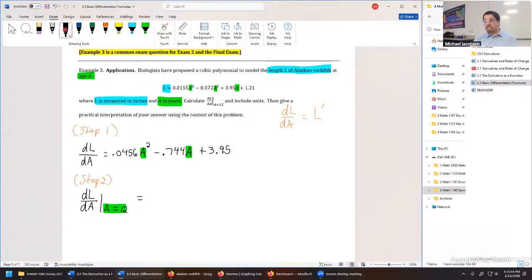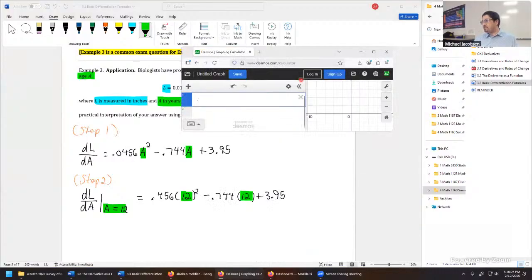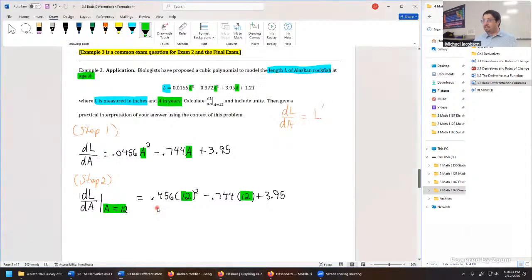If we do that, we're going to get 0.0456 times 12 squared plus, rather, minus 0.744 times 12 plus 3.95. So there are our values plugged in. Back to the calculator on this one. Oh, hang on. I'm getting my decimals kind of mixed up here. Let me fix that copy error first. 0.0456.